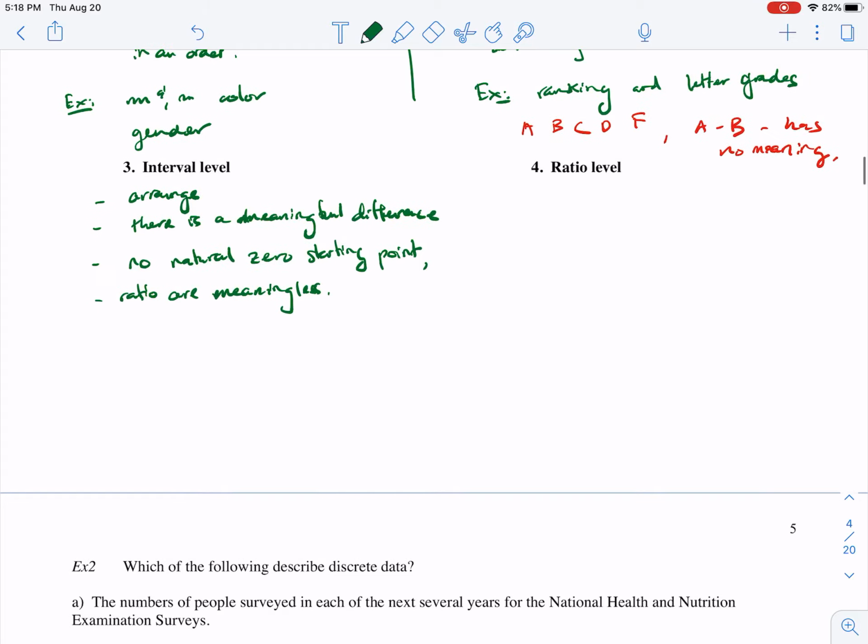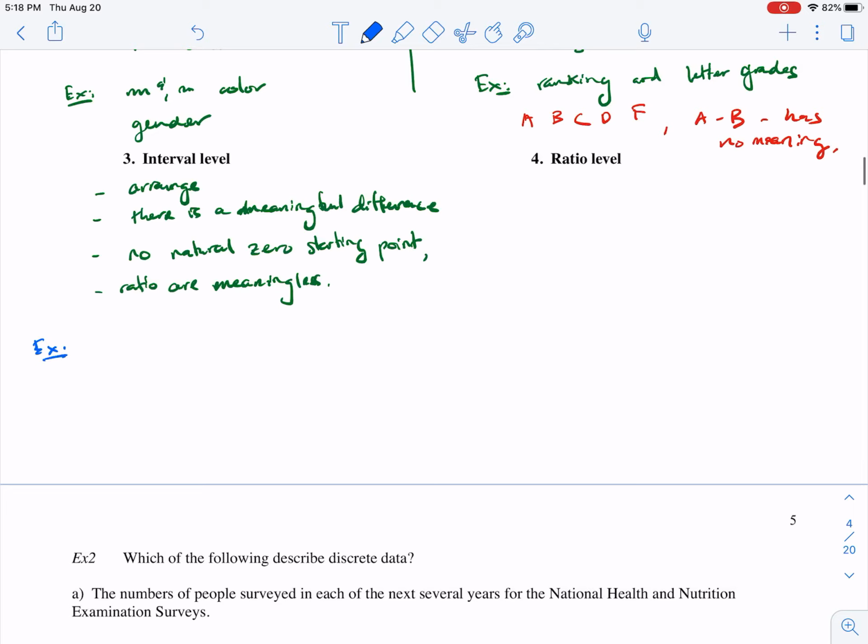So what does it mean to have no natural zero starting point? Let's say we have temperature. Can we arrange temperature in order? Yes. Can we take 72 degrees minus 62 degrees equals 10 degrees and have a meaningful difference? Yes.